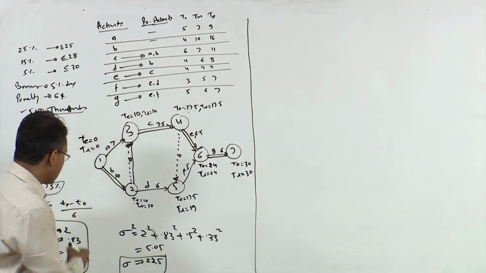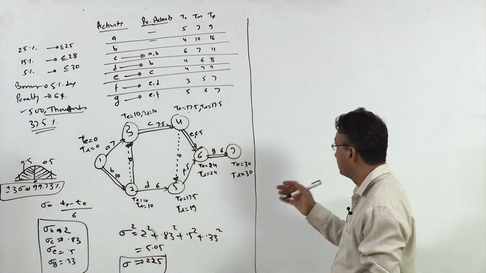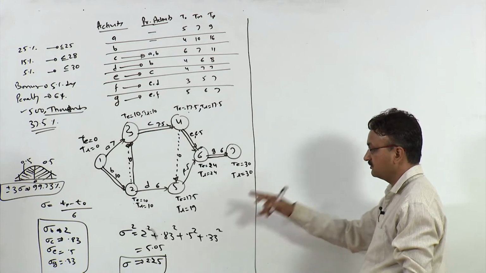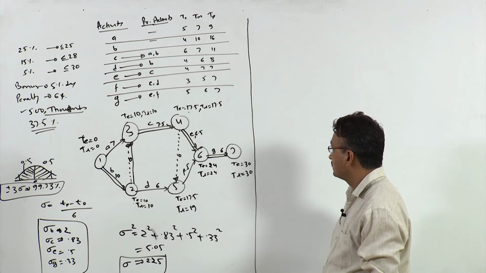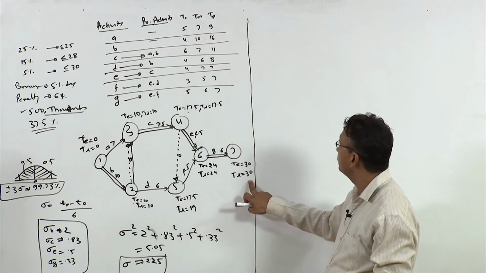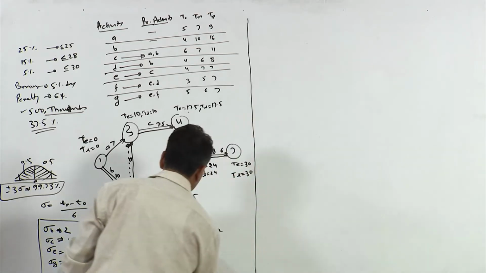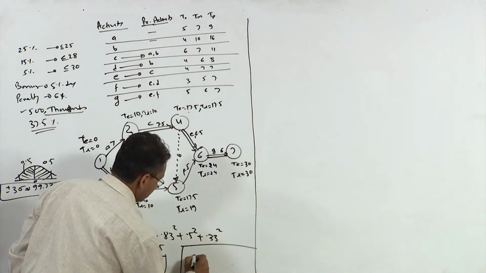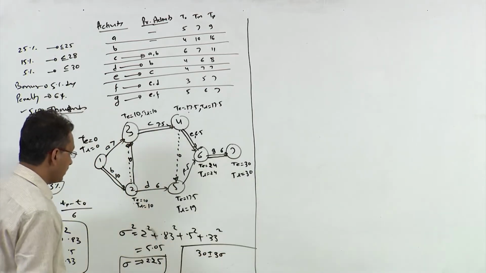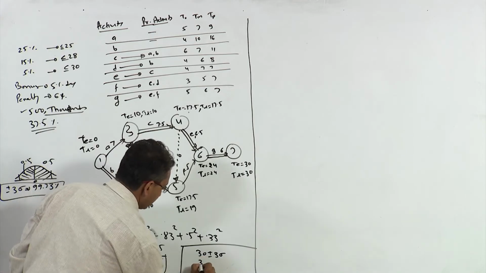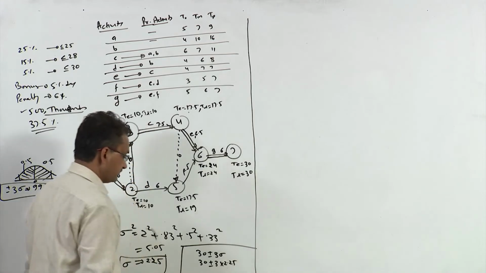So, let us look at the possible duration of this project, because we know the standard deviation. This is your mean value, which is 30. So, 30 plus minus 3 sigma is 30 plus minus 3 into 2.25.